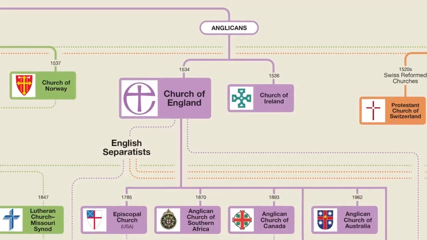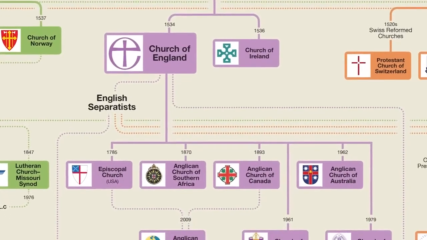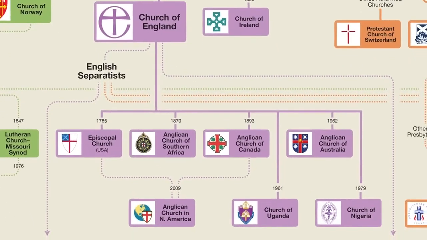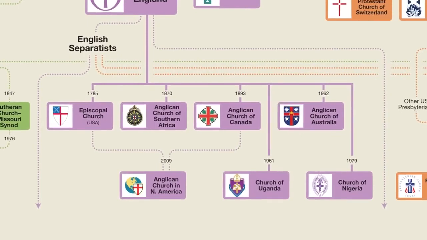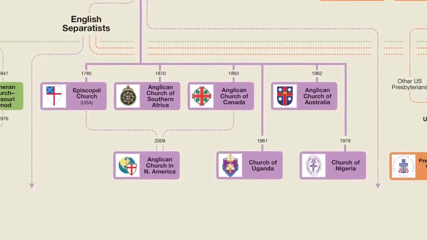Now, as the English started to develop colonies all over the world, they took Anglicanism with them. Initially, churches in colonies were simply part of the Church of England, but over time they gained independence. Of special note is the Episcopal Church in the USA. Basically, when the American colonies split away from Great Britain, the Anglican Church there split away as well, becoming known as the Episcopal Church.